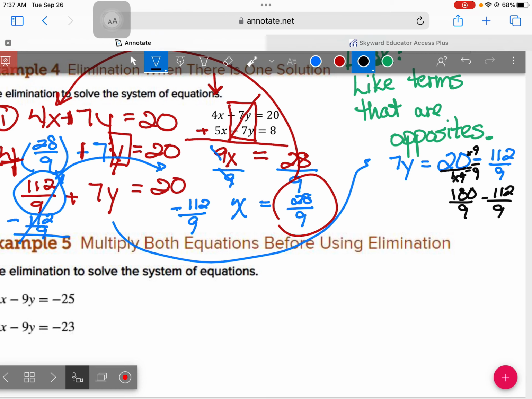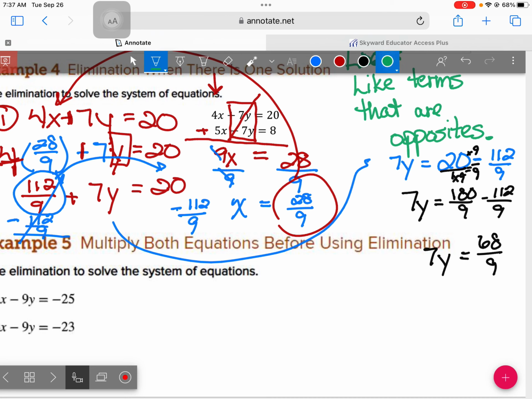The only reason I'm doing this is I'm trying to simplify this a little. But this is really yucky. The rest of them should not be this hard. So 180 minus 112 is what? 68 ninths. And that is equal to 7y.